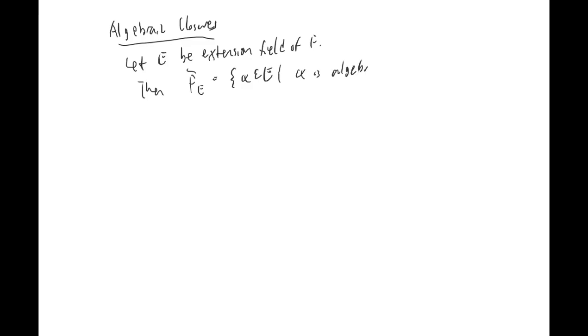Let E be an extension field of F. Then what we call the algebraic closure of F in E is the set of alpha in E such that alpha is algebraic over F. It turns out this is a subfield, by what I just wrote on the previous page: the sum is algebraic, it's closed under addition and closed under multiplication.